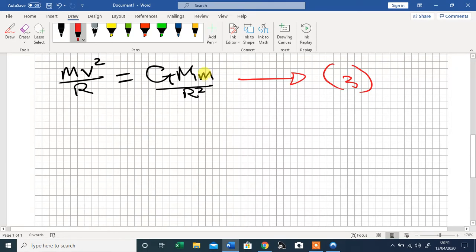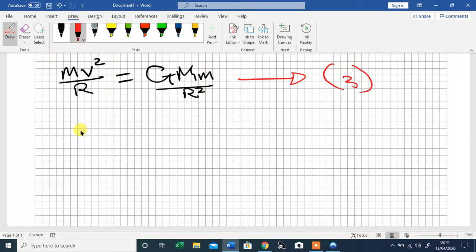Now, you'll notice with equation 3, as scrawly as it is, that we've got two m's. We've got a small m here, which is the mass of the satellite, and the mass of the satellite m over here. And we've got two r's, one on either side of the equation, which can be cancelled, just like the m's.